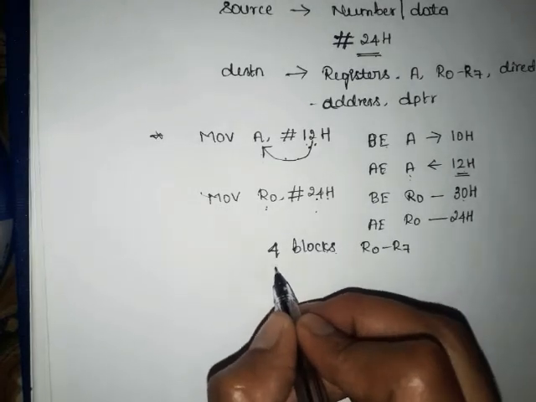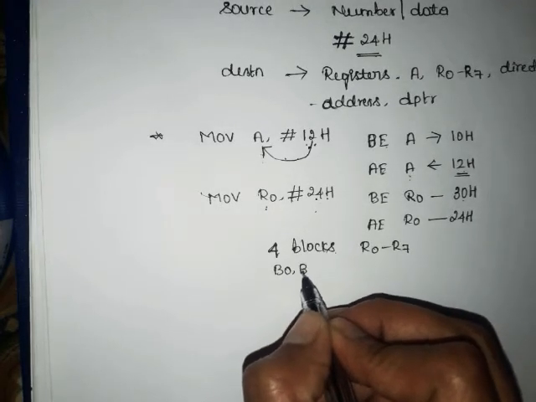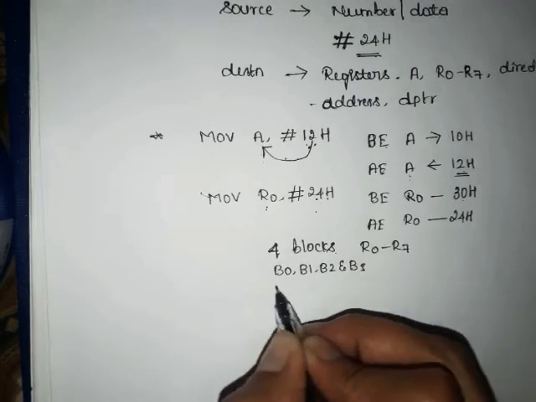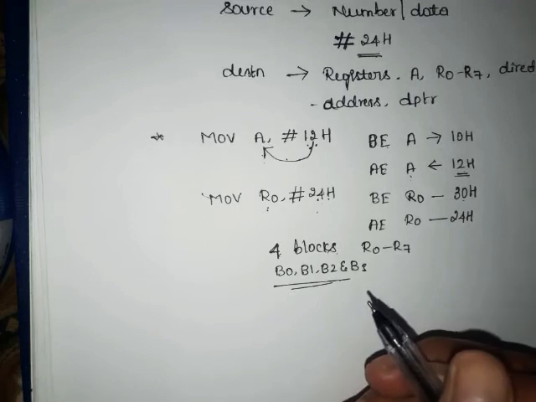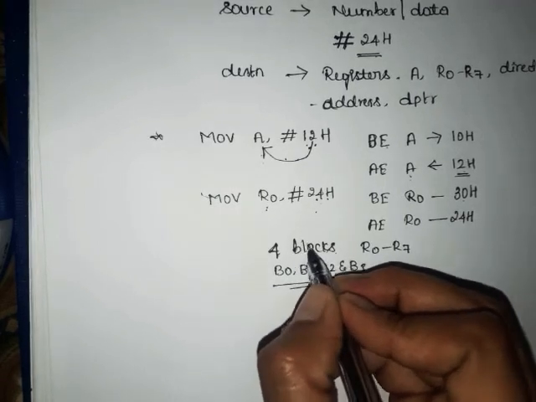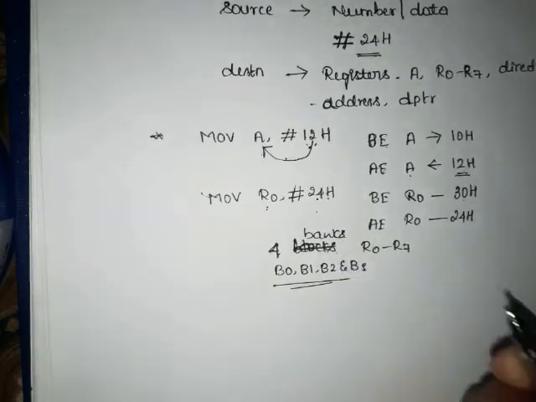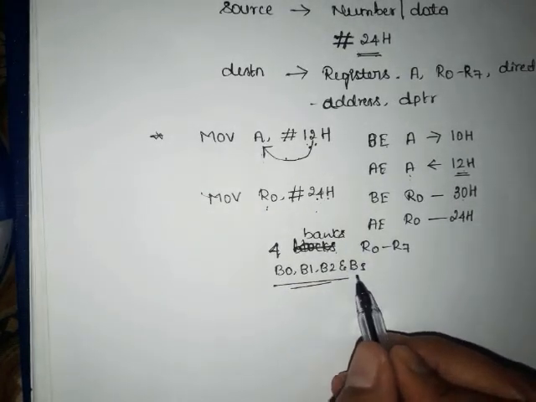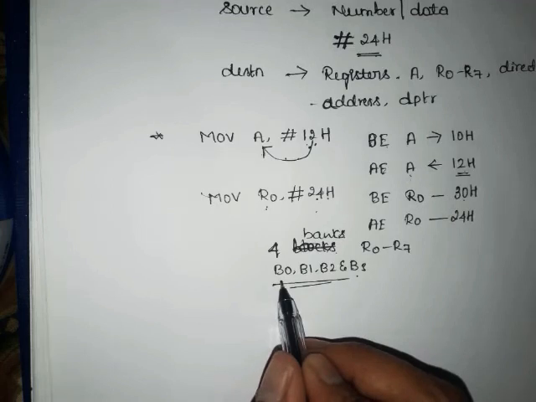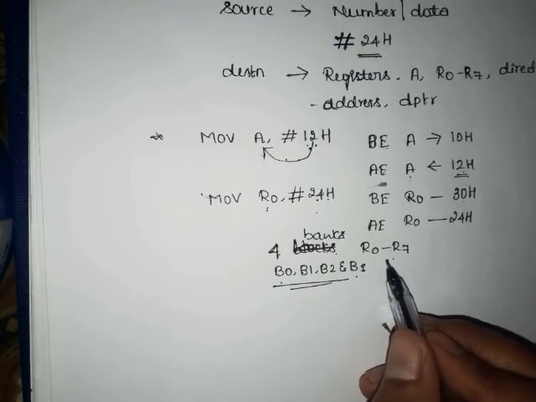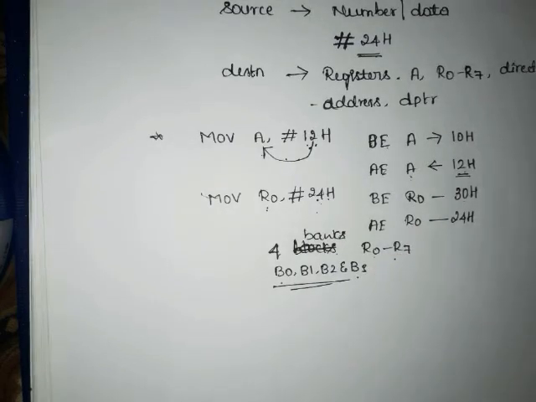So 4 blocks, that is B0, B1, B2 and B3 register banks, and each register bank will be having 8 registers, that is R0 to R7.